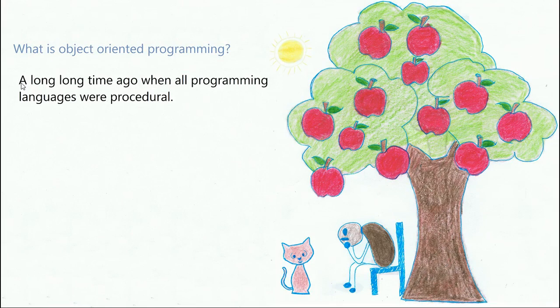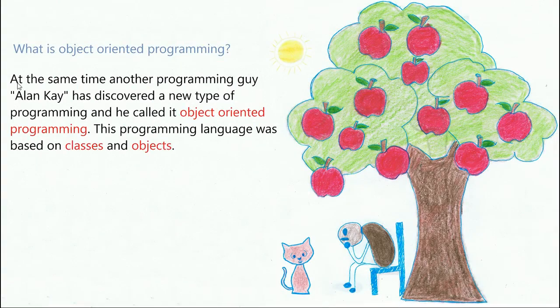Now get back to our story. So I was telling you that a long time ago, when all programming languages were procedural, there was a programmer. He was really very good in procedural programming. But a time came when he got fed up of this very simple, easy peasy procedural programming. He wants some different programming approach, something new, something very good.